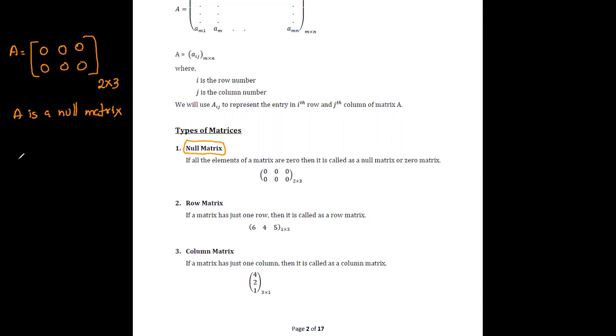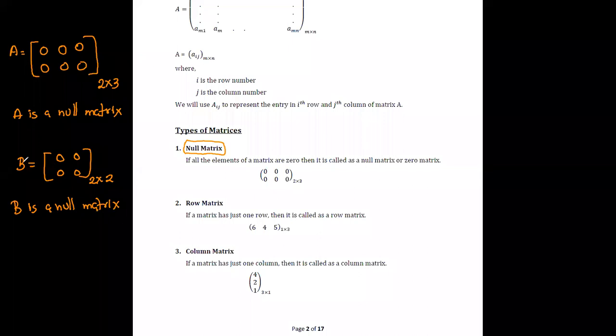Likewise, for another example, let B be a 2 by 2 matrix having all the elements as 0. Then we can simply say that B is a null matrix. It is because we can see all the elements inside this matrix B are zeros.